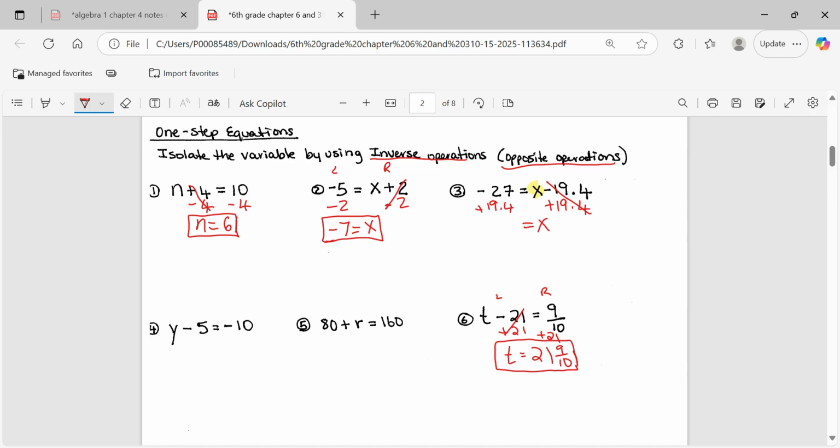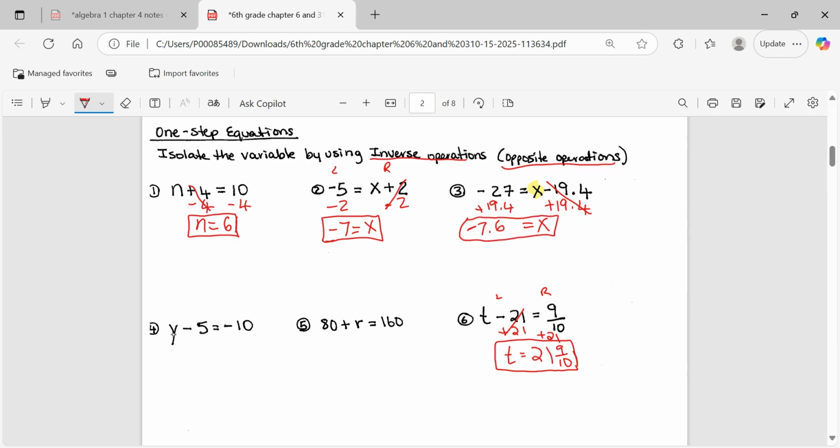So that x is equal to negative 27 plus 19.4. Two different signs. I'm going to subtract and keep the sign of the larger number. So 27 minus 19.4 is going to give me 7.6. And the larger number is negative, so negative 7.6.